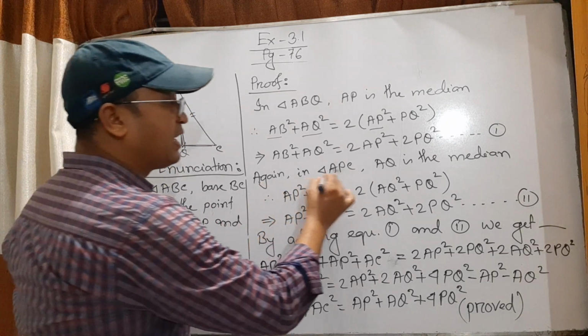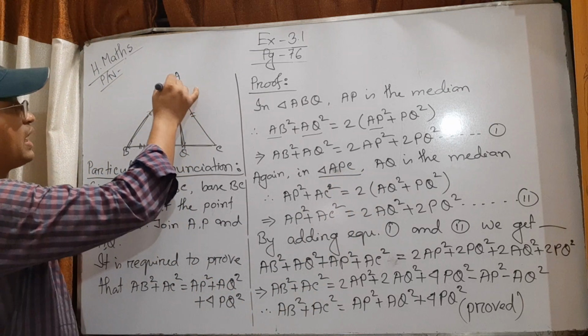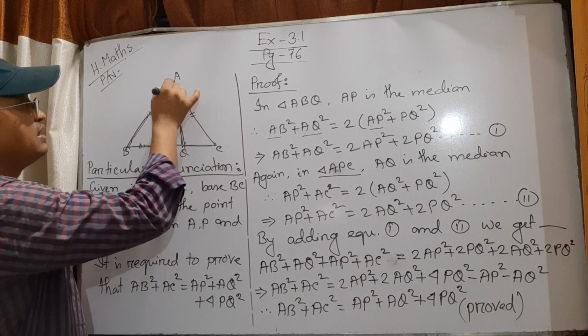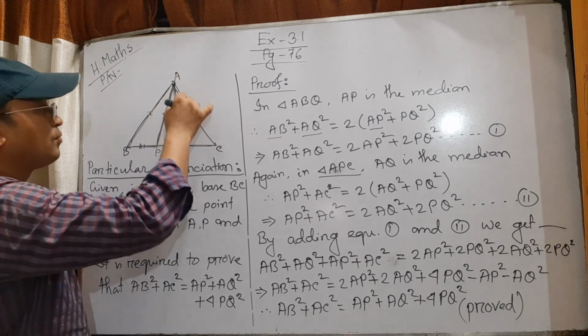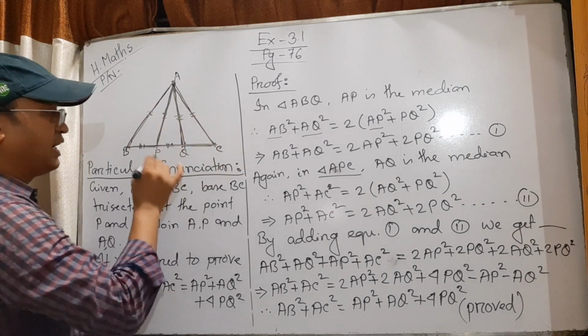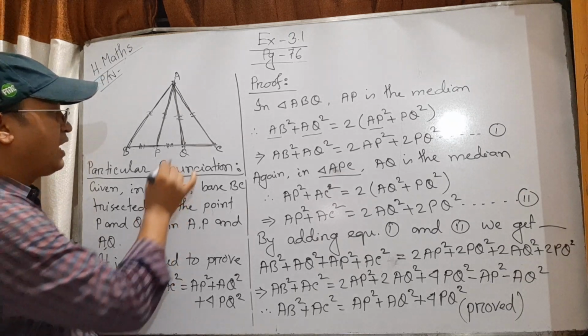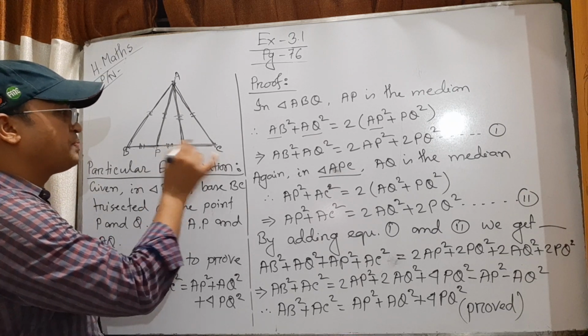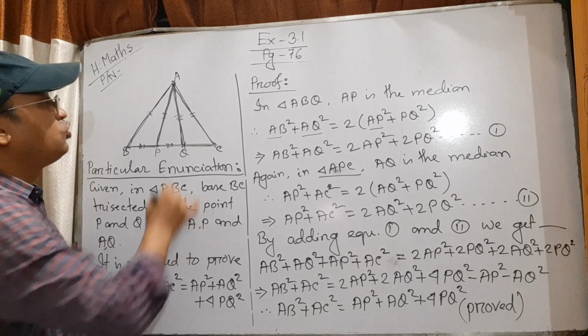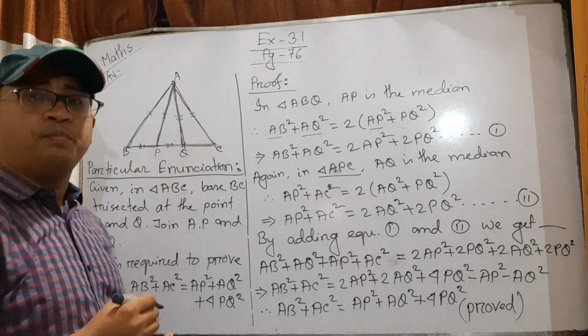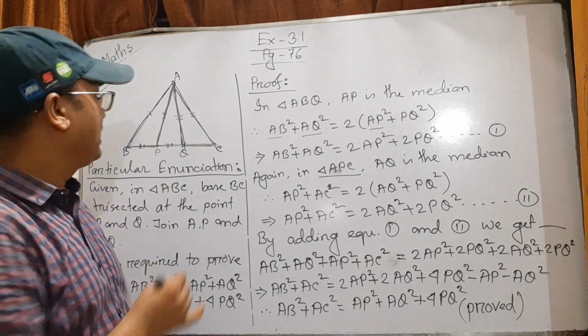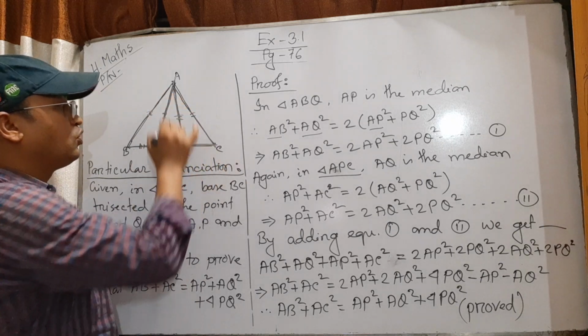Again in triangle APC, look, APC, this triangle. In this triangle, PC is the base, and Q bisects the base PC into two equal parts. So we can say AQ is the median for this triangle APC. AQ is the median.